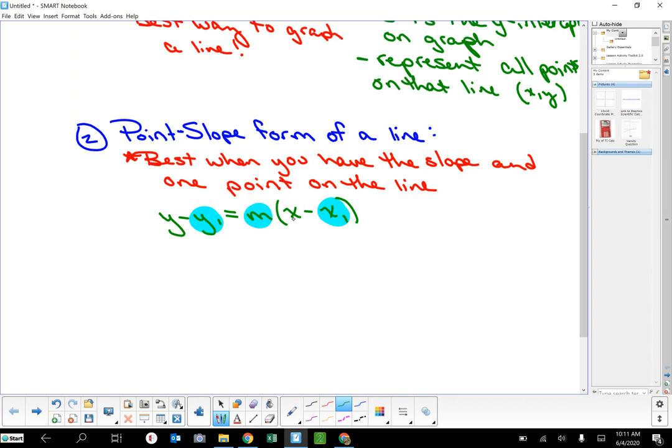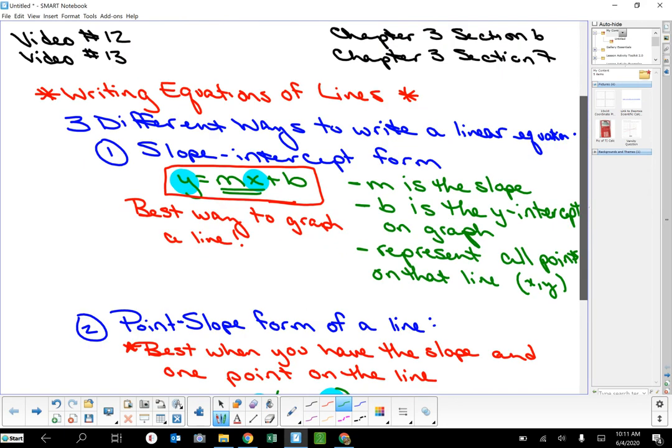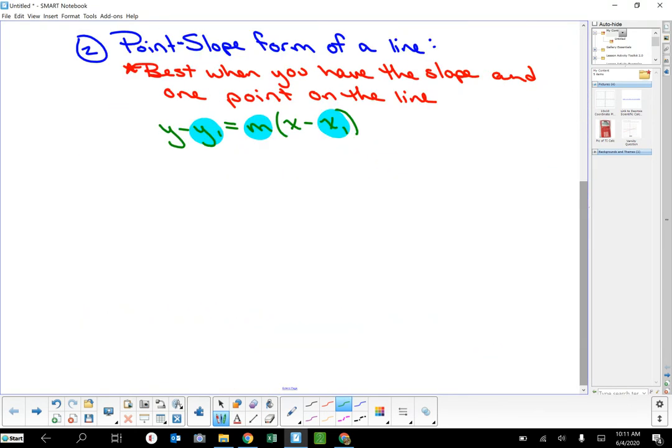Okay, so you don't change the x and the y variable, just like you don't change the x and the y variable up here in slope-intercept form, right? They stay in the equation. So will these ones. So the x1, y1 is the given point.